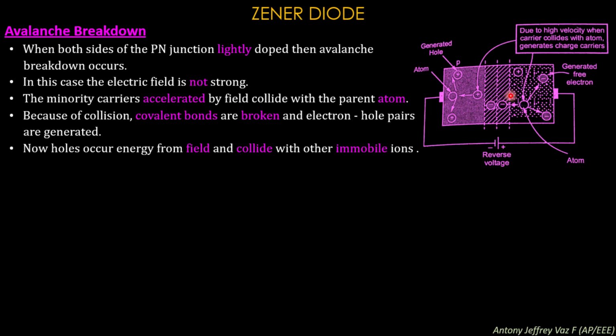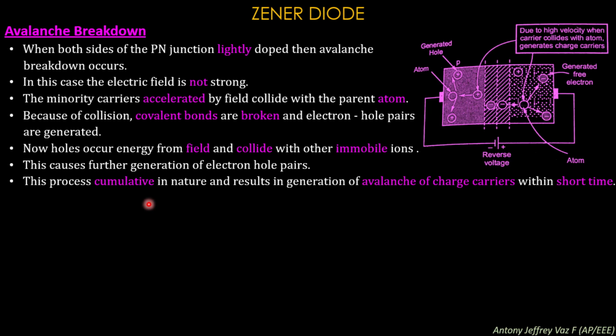Now holes gain energy from the field and collide with other immobile ions. On this side the holes are the minority charge carriers, and they start to get energy from the field and collide with their parent atoms and immobile ions. Due to this, further generation of electron hole pairs occurs. This process is cumulative in nature and results in the generation of an avalanche of charge carriers within a short time.